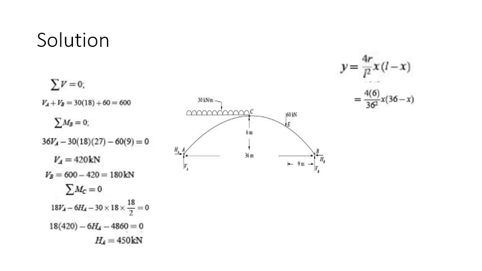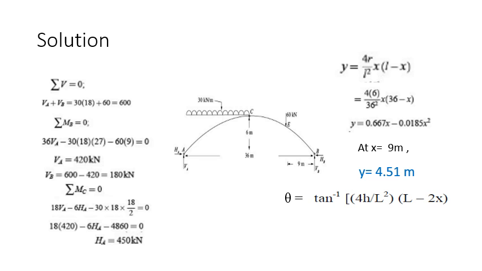Substitute r as 6 and quarter span length x as 9 meter. We get y as 4.51 meter. And if we substitute in the equation theta is equal to tan inverse of 4r by L square into L minus 2x, we get theta as 18.44 degree. Next step is to find out the internal forces.